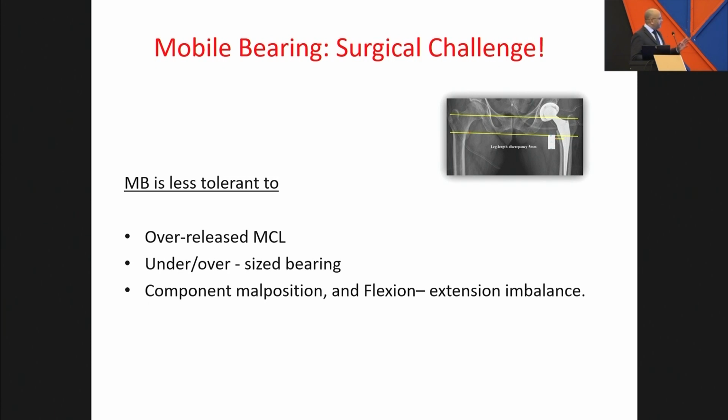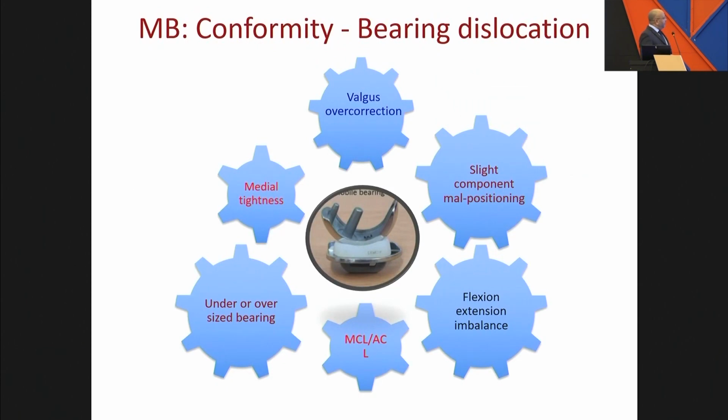And that's why you are slightly less tolerant to component malposition as well as flexion extension imbalance in a mobile bearing knee. So surgical technique wise, when you're doing a mobile bearing knee, you are kind of overstressed with all of it.